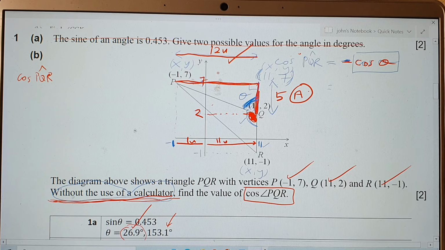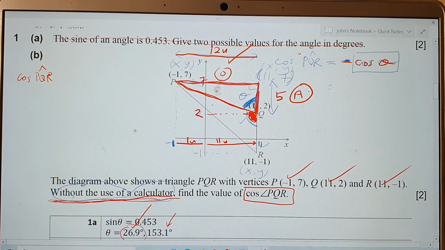This is opposite, I'm not interested. If they ask me for tangent, then I'll be interested. But now I need to find PQ. I'm focusing on this red triangle now, because it is a right angle triangle that I can use to help me find this angle.